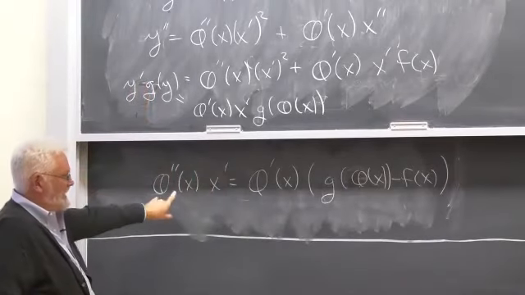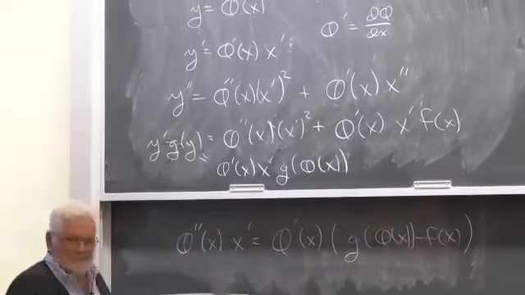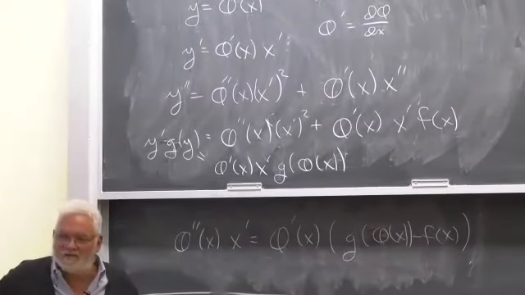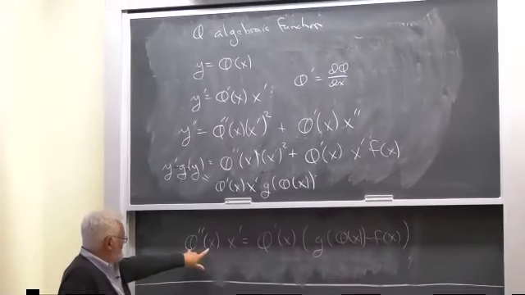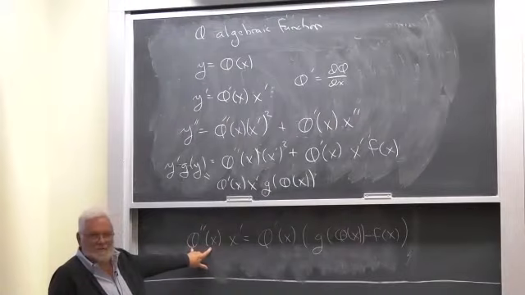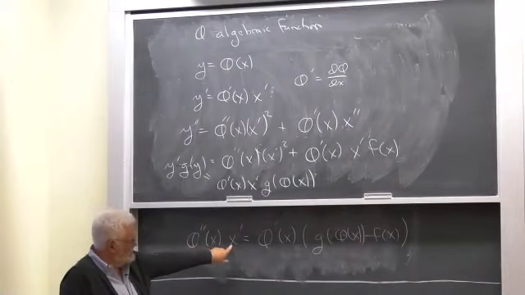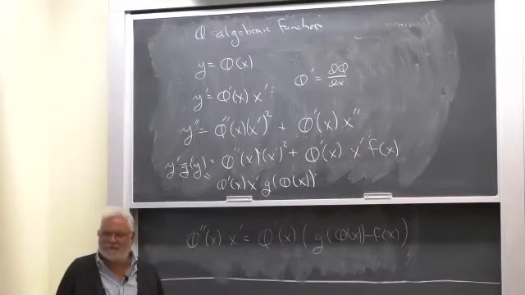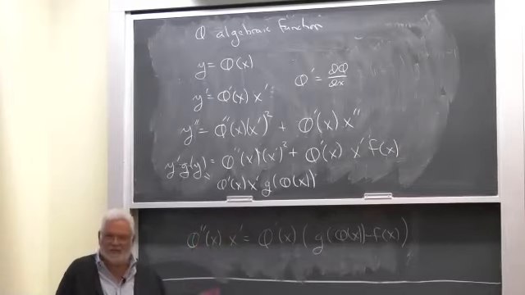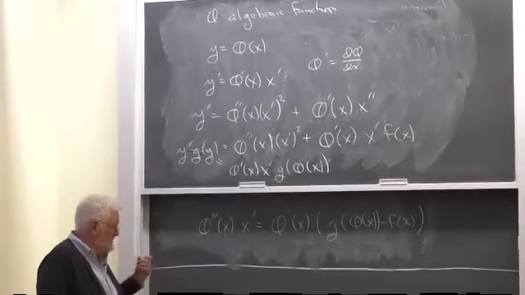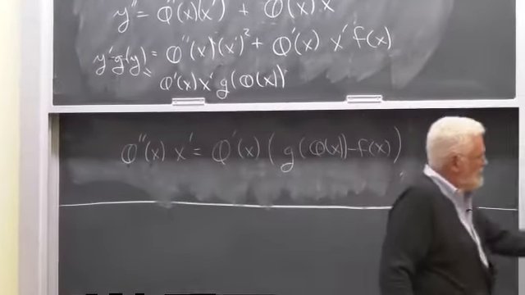So starting from this assumption, I get to this equation over the constants. Now, if this were non-zero, I would have a first order equation satisfied by x and x prime. Remember, phi prime of x and phi double prime of x are just algebraic functions over the constants. So this would give me an algebraic relation between x and x prime.